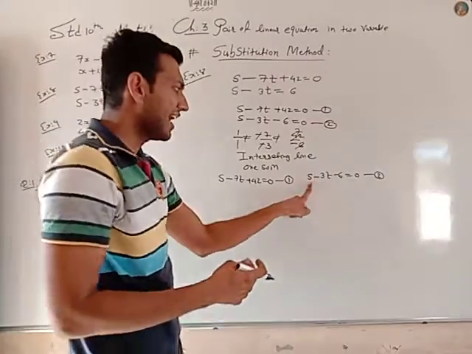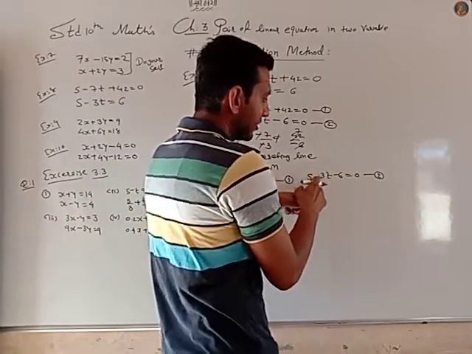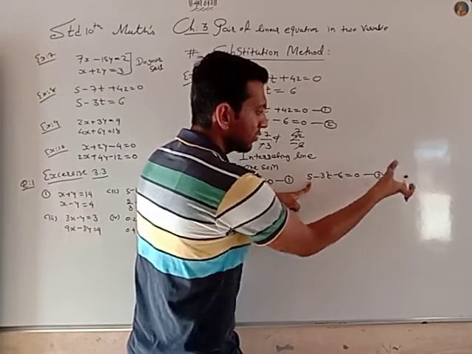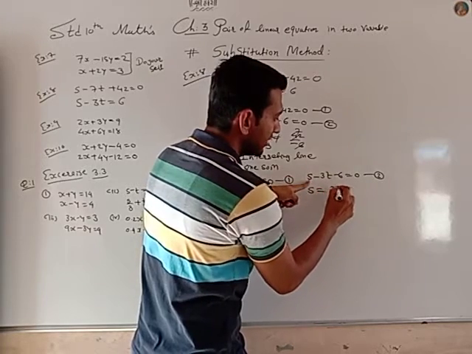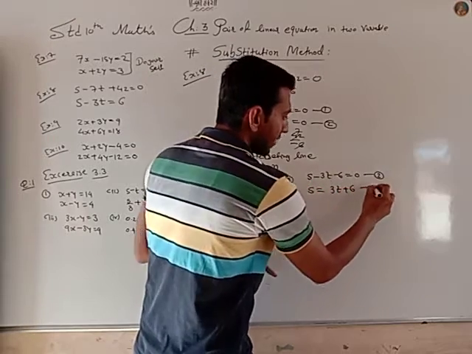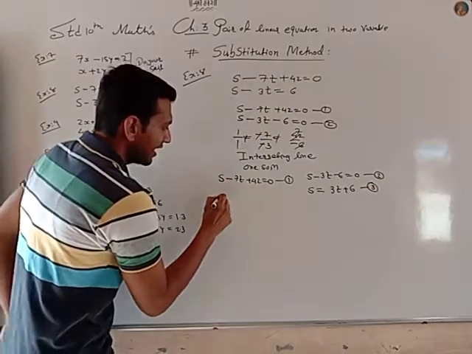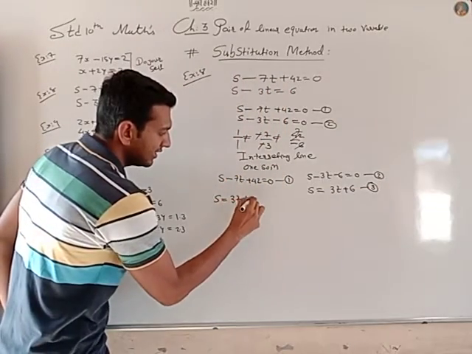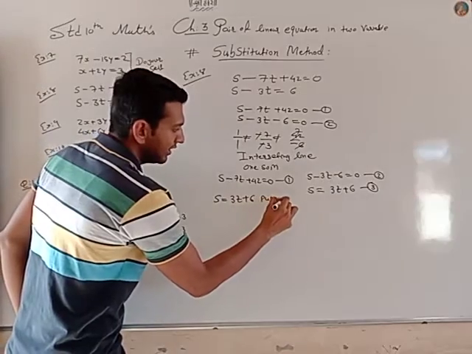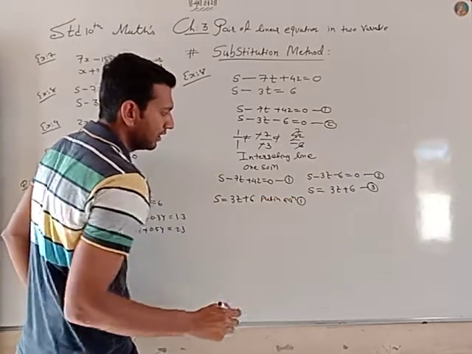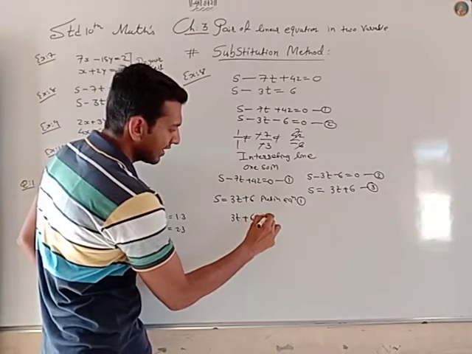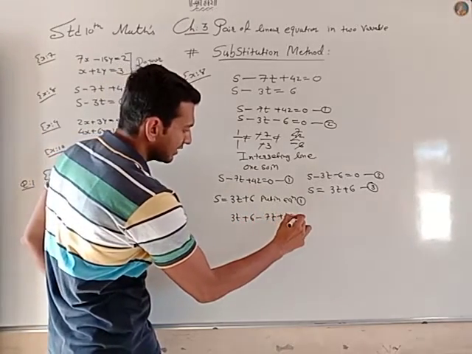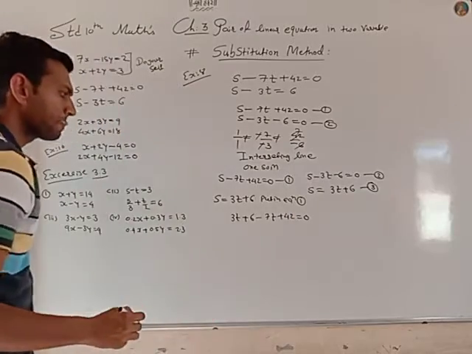Again, I choose s in the second equation. Both terms go to the right side and become positive. So s is equal to 3t plus 6. I got equation number 3. s is equal to 3t plus 6. Put in equation number 1. I got 3t plus 6 minus 7t plus 42 is equal to 0.